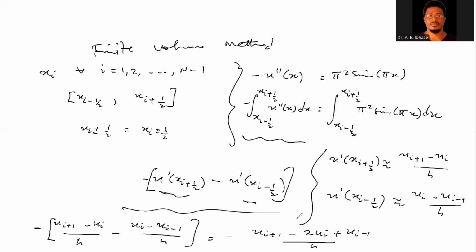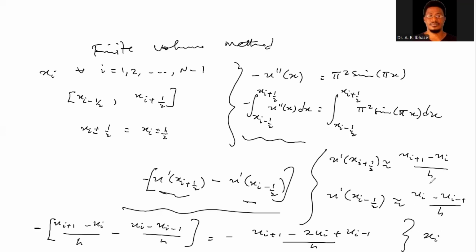So now that we have done this, we want to approximate the source terms. Now, we want to approximate the right-hand side by evaluating at the center. So the center at this point will now be S sub I, and then we multiply by the width, which is H. Okay?